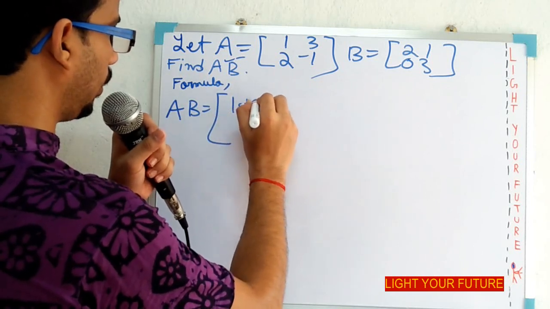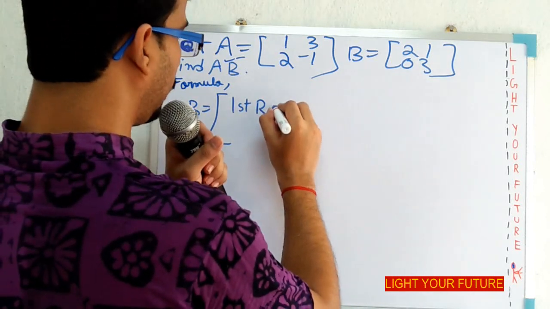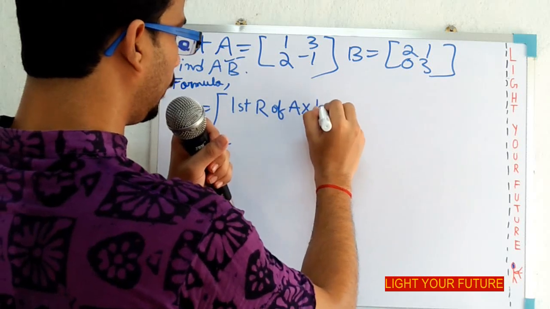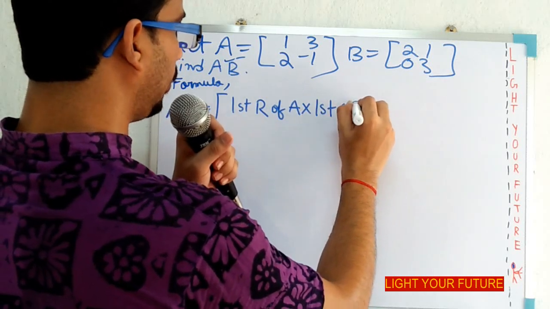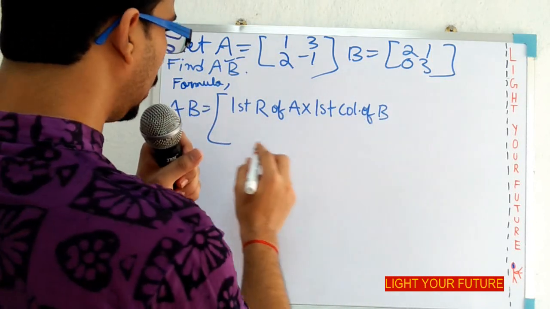First row, I am writing row as R, of A into first column of B. I'm writing column as COL.